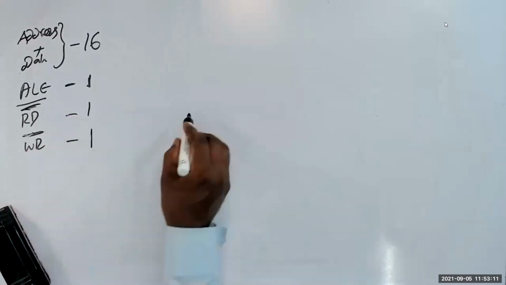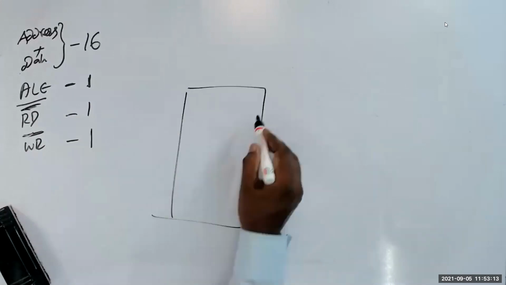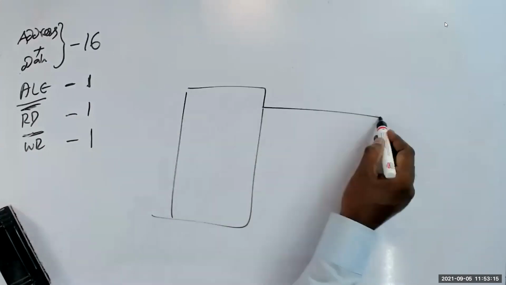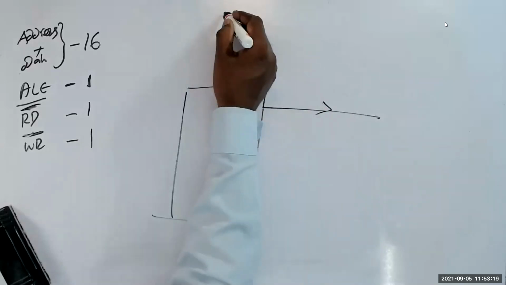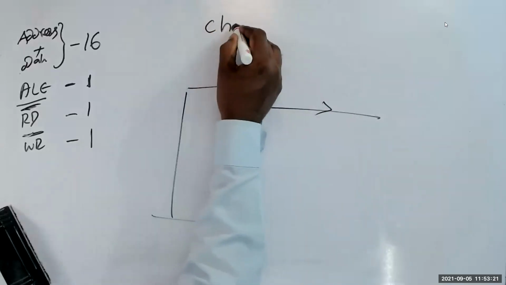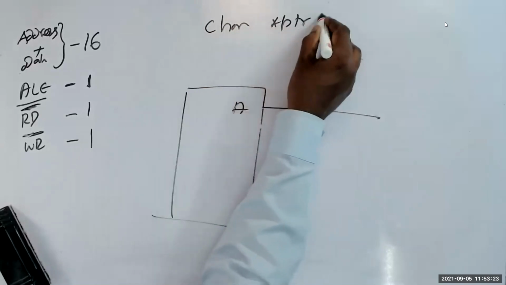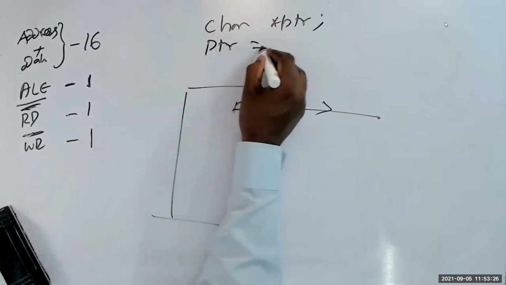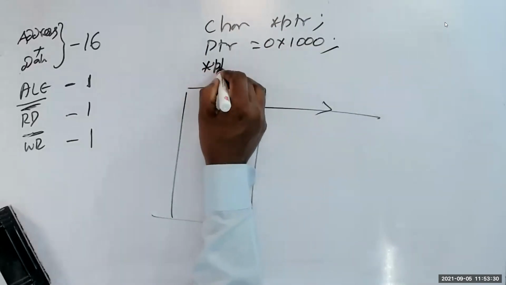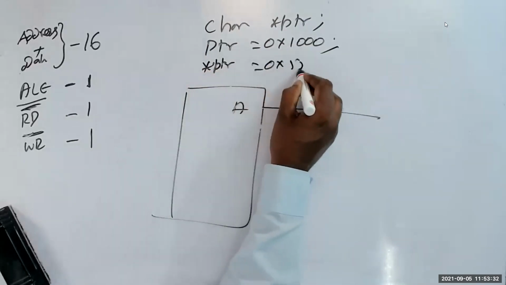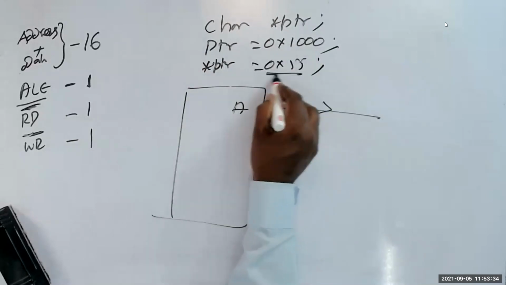That means when this microprocessor puts out an address, let us say I want to write, if you write a program, char star PTR. PTR is equal to 0x1000. Star PTR is equal to 0x55. That means I'm writing 55 at 1000.